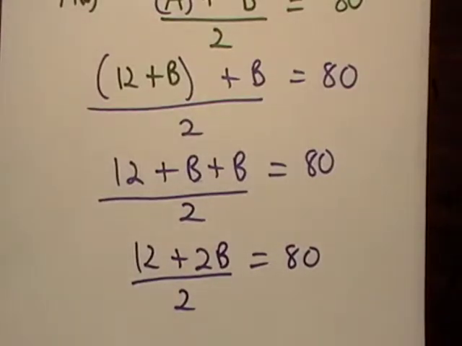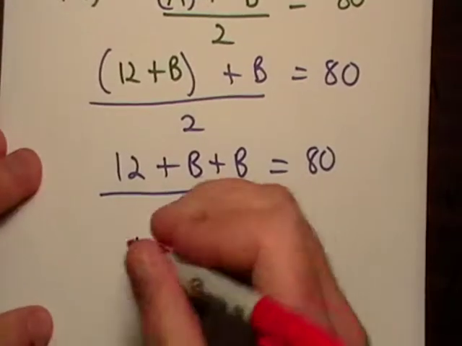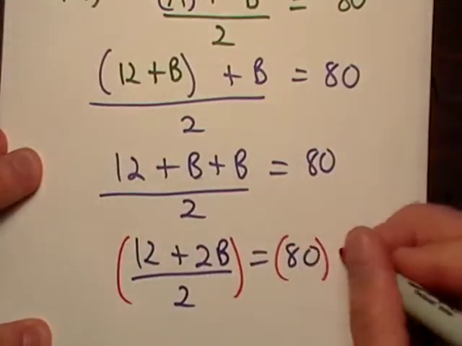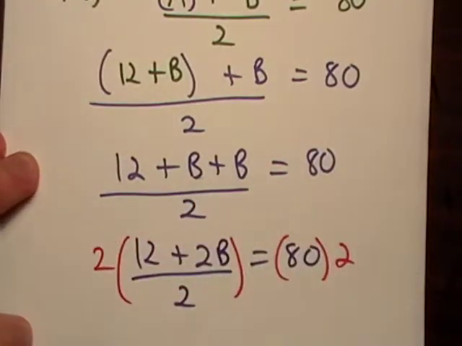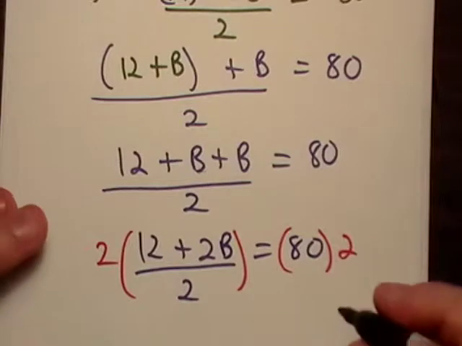So now I've got this fraction here that I don't really like. What I can do is multiply both sides of this equation by 2. You can do anything you want to the equation, even if it's a fraction.